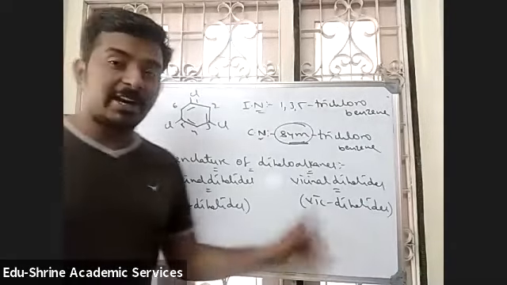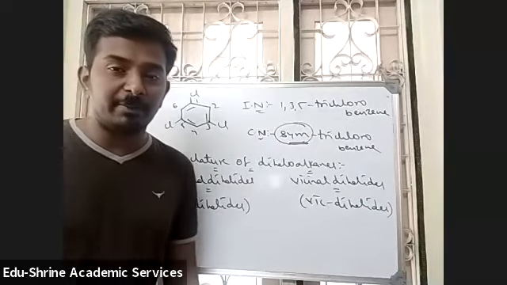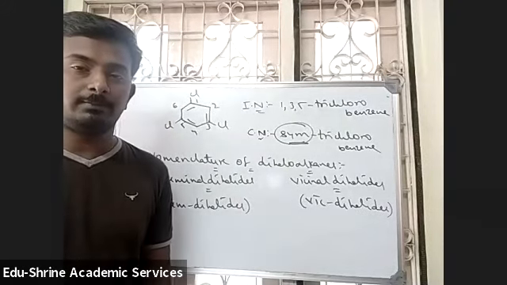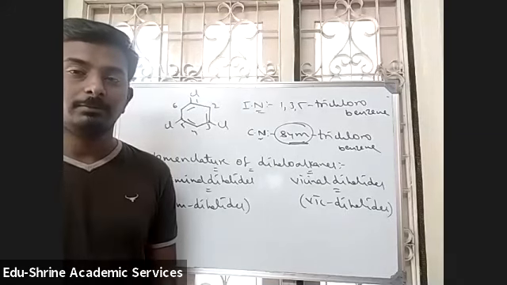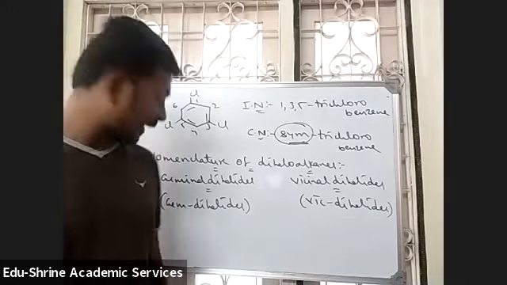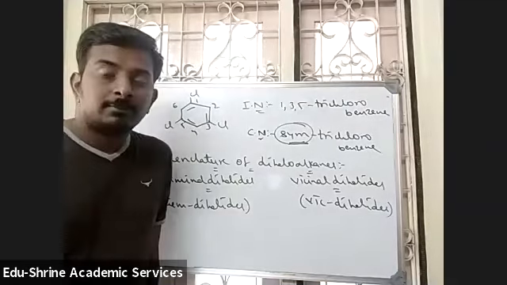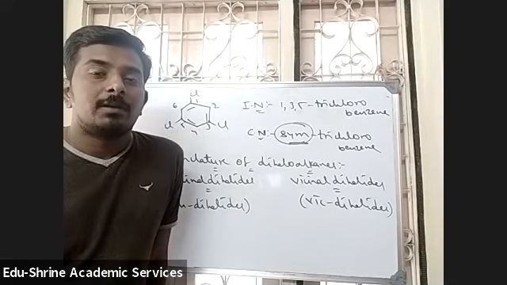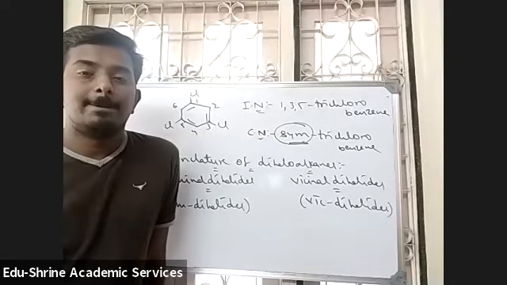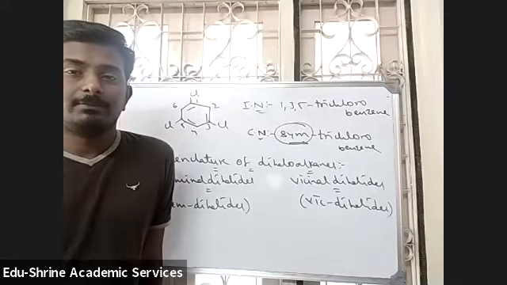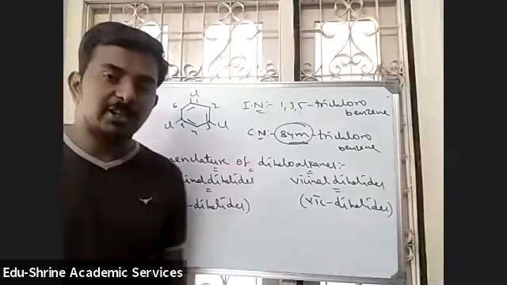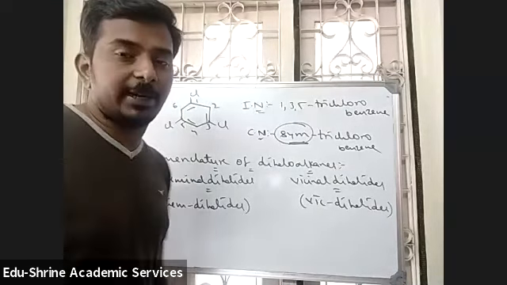So what do you mean by geminal dihalides and vicinal dihalides? Does anyone remember? Geminal means both the halogens must be on the same carbon atom or a different carbon atom?